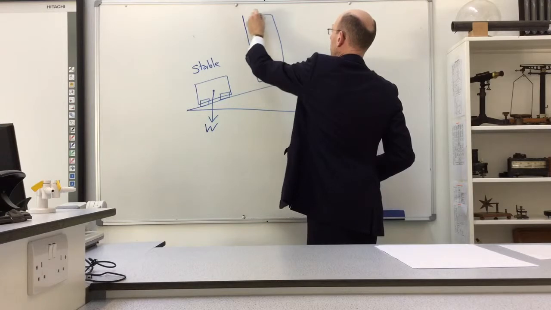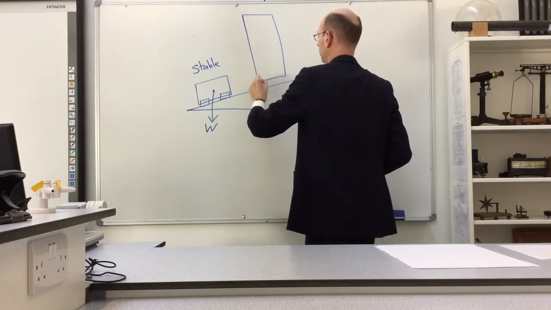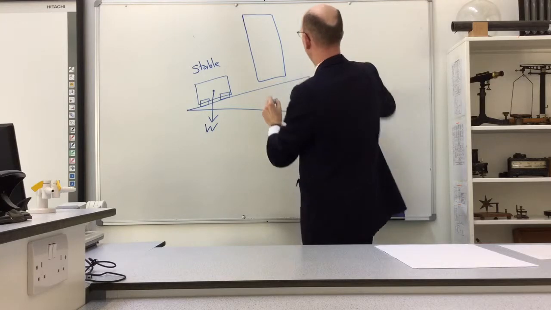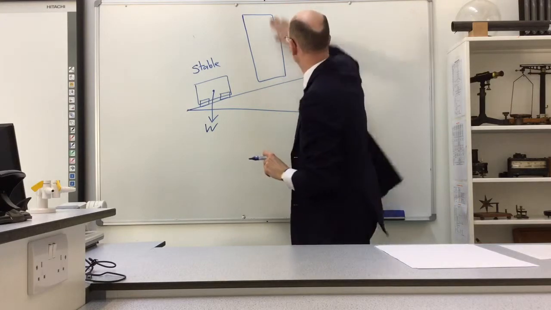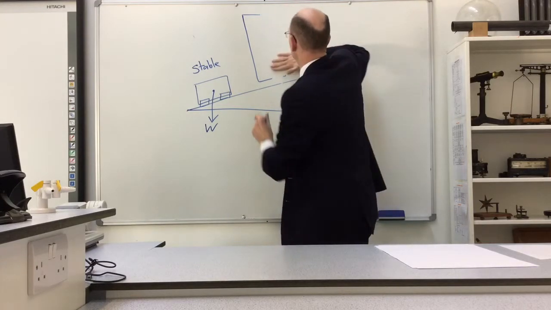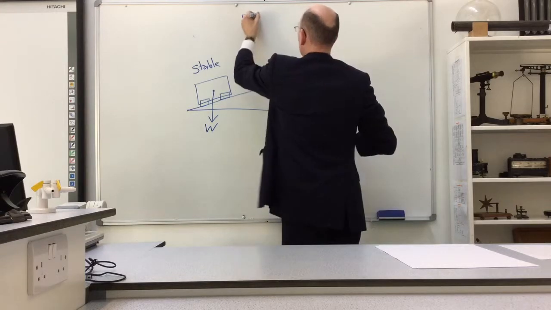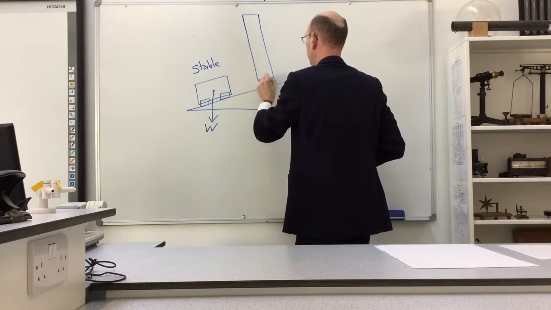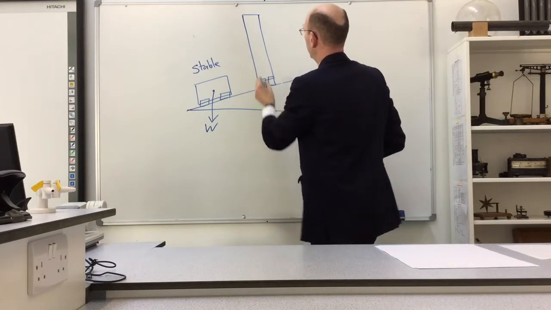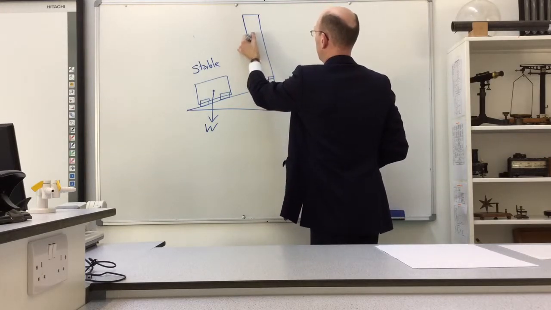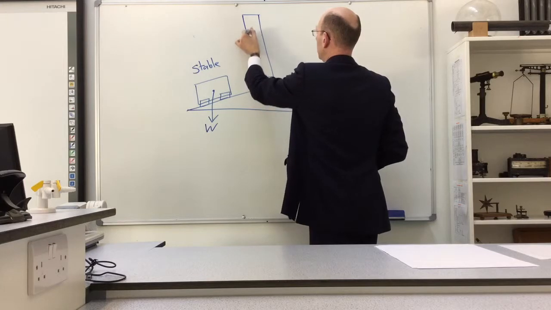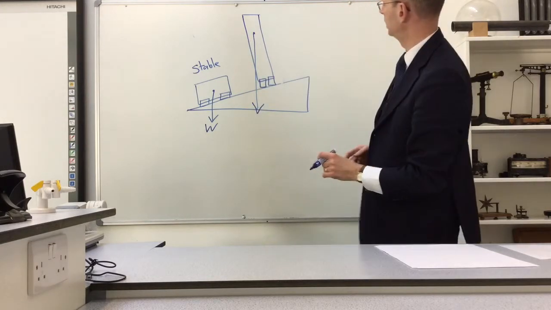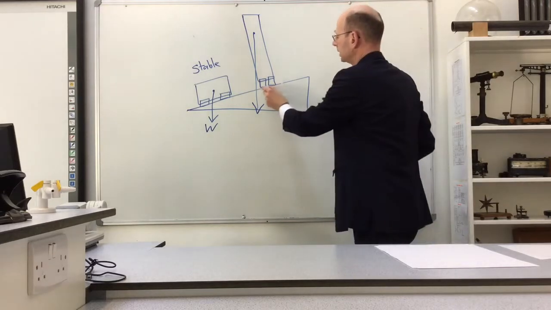I'm going to exaggerate the dimensions to make the point really clear. Let's make it really tall, long and thin, with a narrow base at the bottom, and let's imagine the centre of gravity is somewhere way up here. Then when I drop the line down, that now lies outside the base.